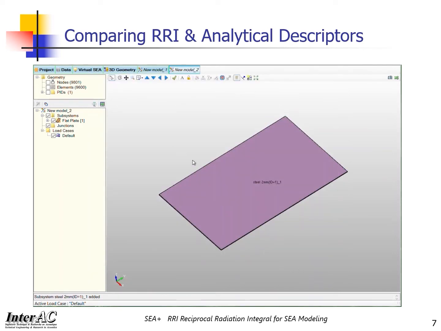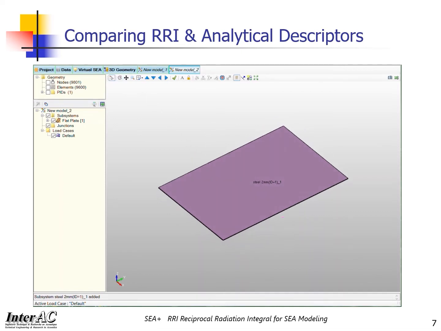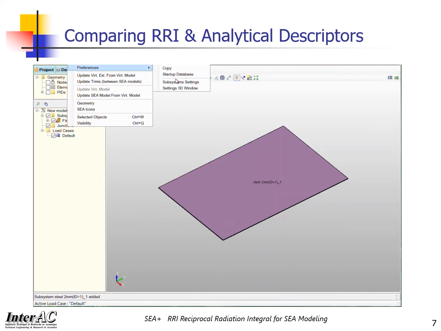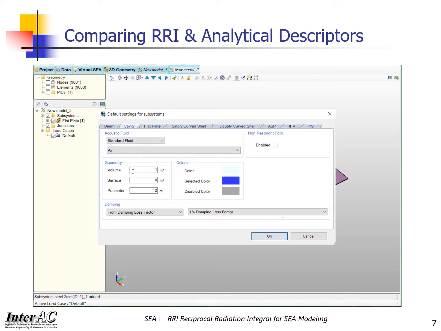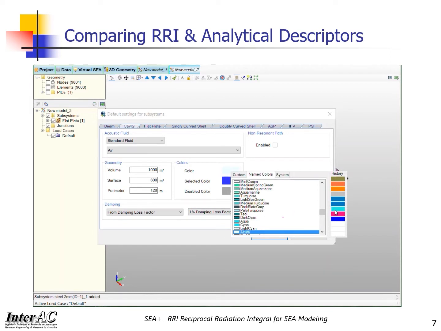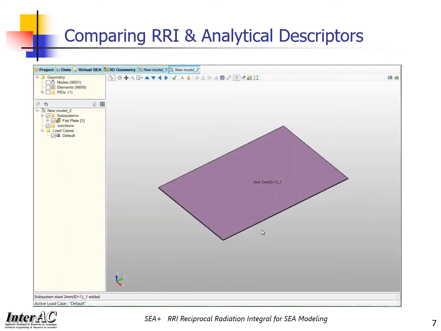Then from this, first, I think I should set up my preferences in subsystem settings, especially for cavity. I always want the same kind of cavity, and I want the cavity at startup with 600 and 120 meter perimeter, and for the color I will put a better color, light blue, like this. And then now I can just create it.